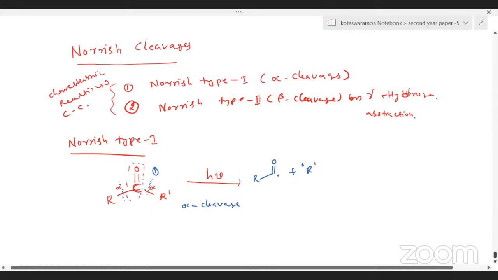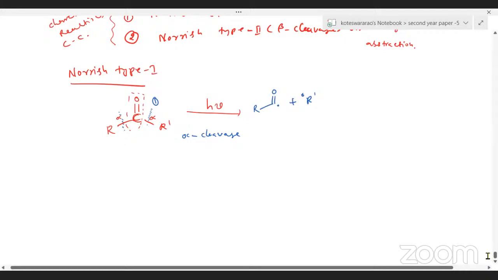Why is this alpha cleavage happening? Consider the orbital structure of the carbonyl group, C double bond O. How is the C double bond generated? I will show you.